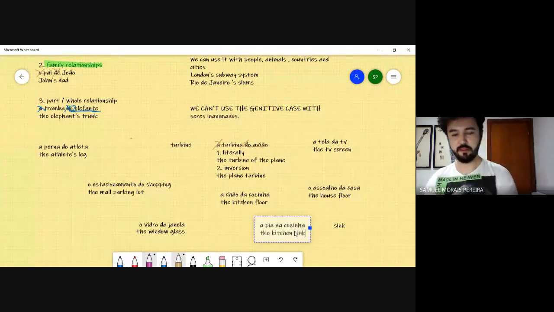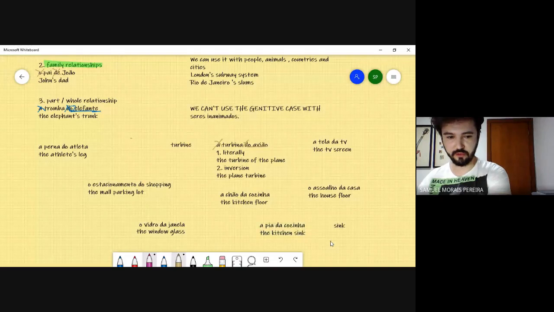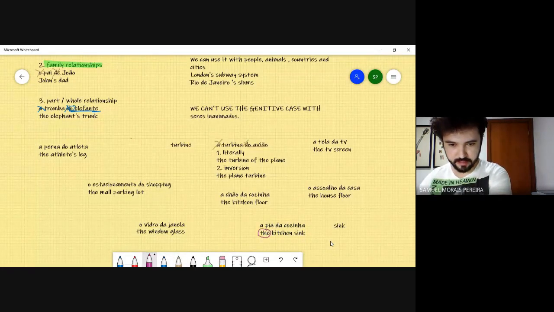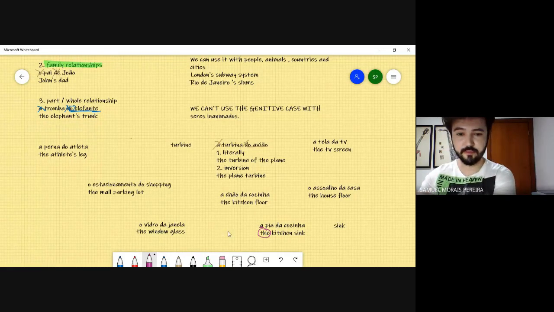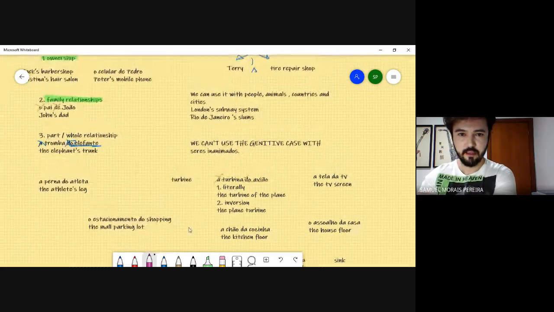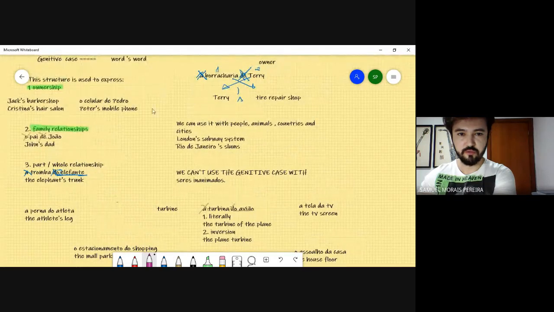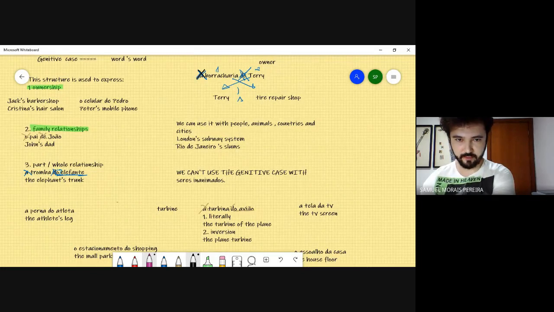Vocês estão vendo que o que eu queria que vocês entendessem é o seguinte, ó. Tem aluno que acha que esse D que tá aqui é esse A que tá aqui, mas não, eu ensinei para vocês aqui em cima, olha. Let me go back. Quando a gente monta o caso genitivo ou a inversão, you have to remember that, olha só, você elimina o artigo da primeira palavra e a preposição de que une as duas, tá?